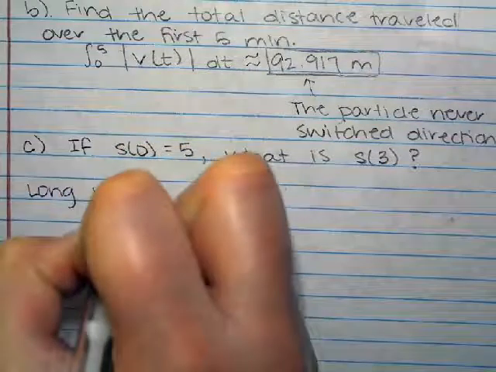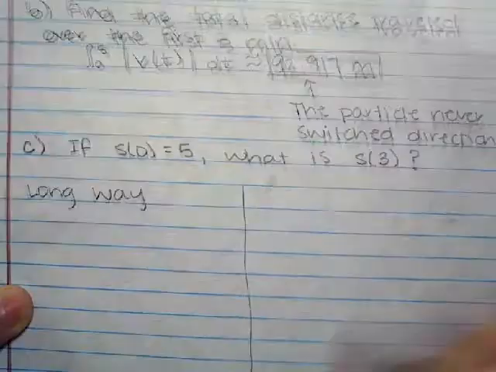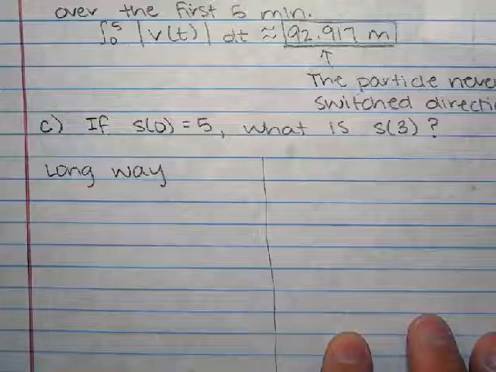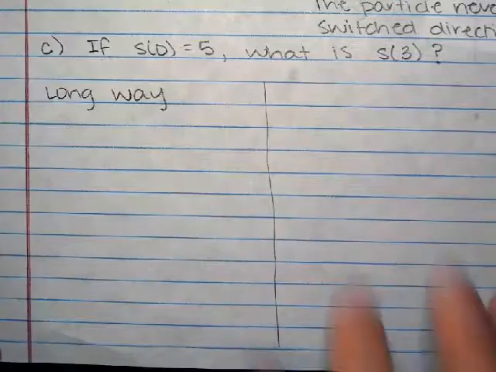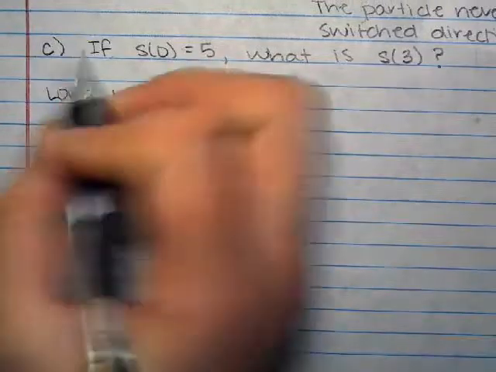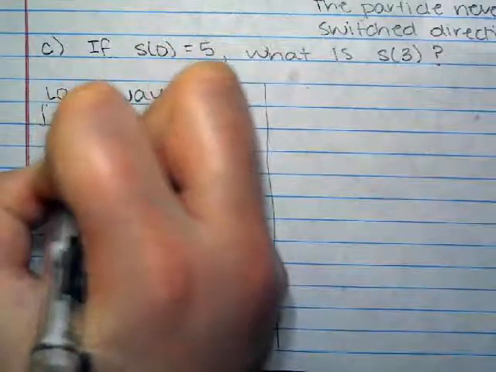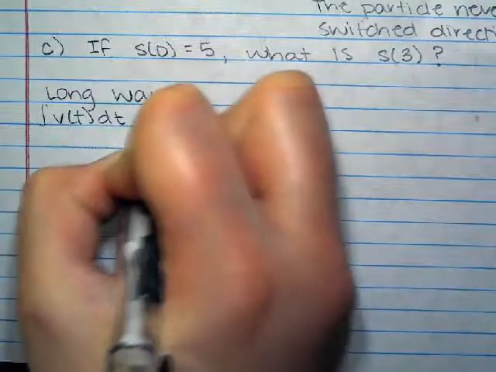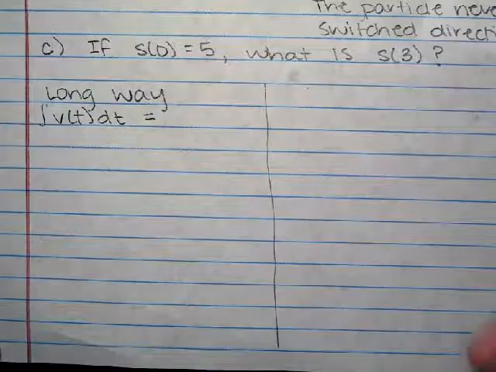Here's the long way, but we're also going to do it the short way. The long way is why it works, and then you'll see the short way in a second. So we're just going to remind ourselves that the integral of v of t dt is actually what? It's s of t plus c.